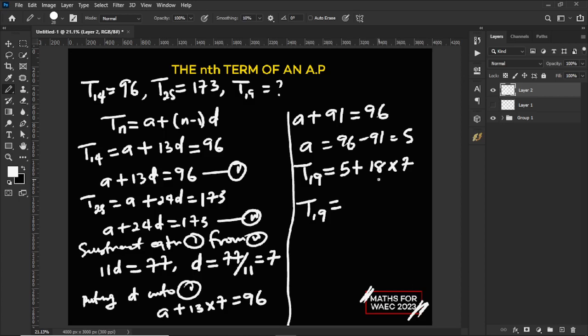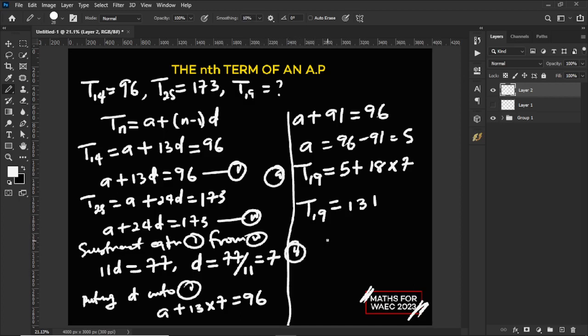Plus 5 is 131. So our result is 131, and that's question A. So we have been able to answer question A like that.